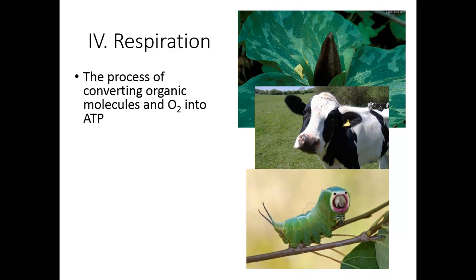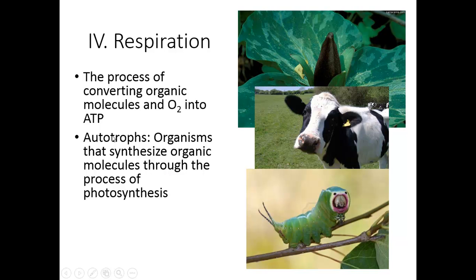So, respiration then is the most efficient way that we are able to get ATP out of organic molecules. It does require oxygen for most organisms, but there are some other organisms that do not require oxygen and use other molecules instead. Autotrophs are organisms that are able to synthesize organic molecules through the process of photosynthesis.